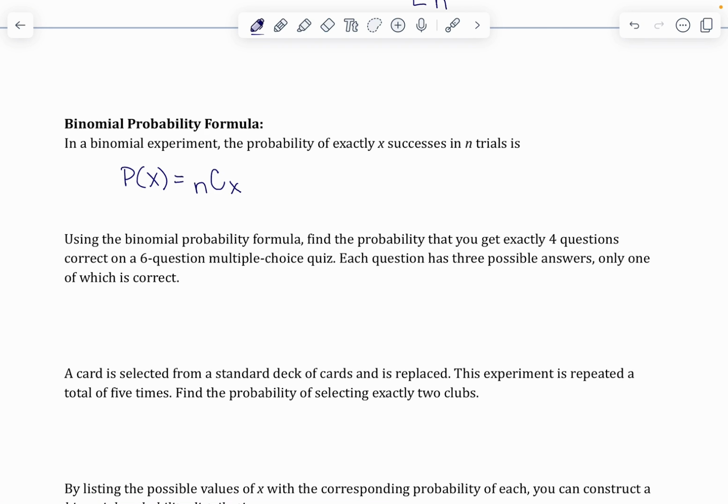I'll show you how to plug it in your calculator in a second, times p to the x power times q to the n minus x power. Okay, the easiest way to kind of remember this formula in regards to the second part here is we have the p is our probability of success, so our exponent represents the number of successes. Actually, let's do it for the exponent.